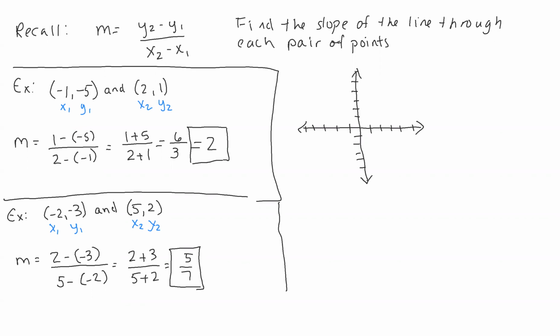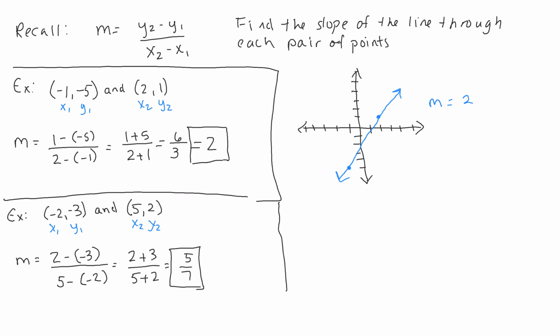For the first example, I had the point -1, -5. So from the origin, I go to the left 1, down 5. And then from the origin, I go to the right 2, up 1. And look, if I sketch this line, I have a slope of +2.